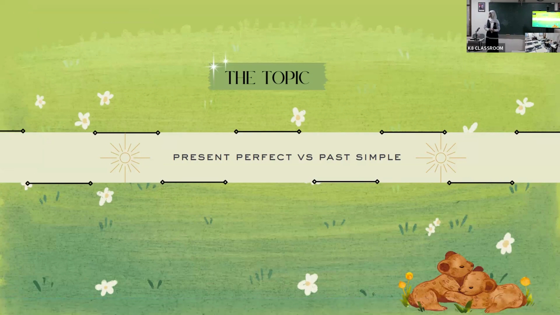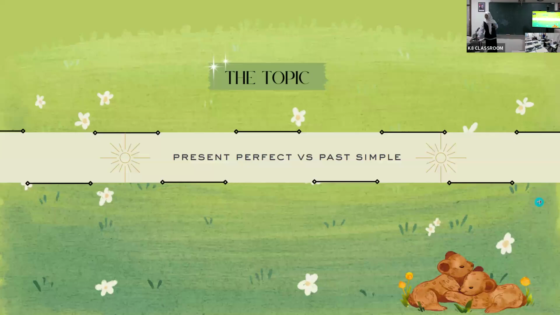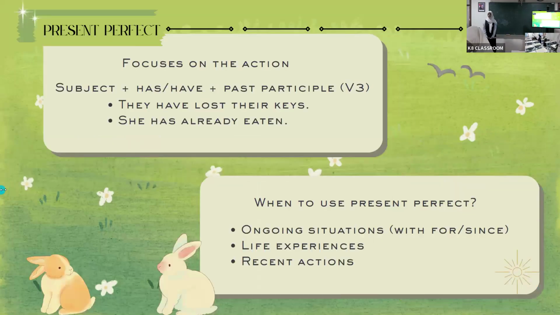Before we compare the two, it is best to know what present perfect and past simple are. What you need to know about present perfect is that it focuses on the action, and the structure of the present perfect is subject plus has for he, she, and it, or have for I, you, they, and we, plus past participle, verb three.